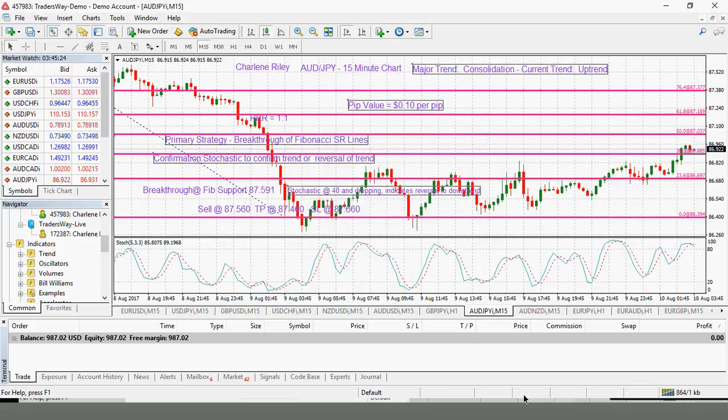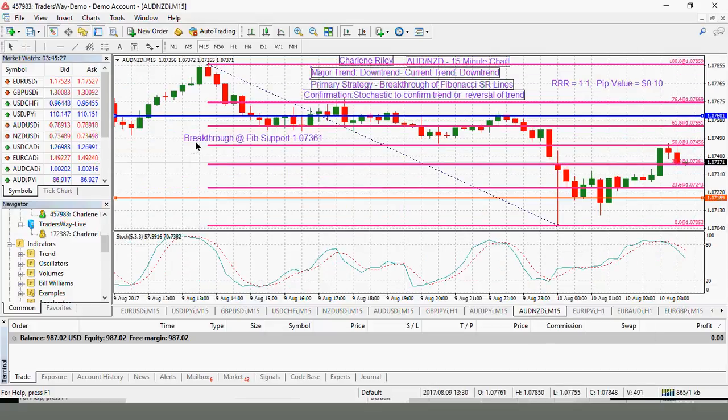Again, I like to keep things consistent from chart to chart.